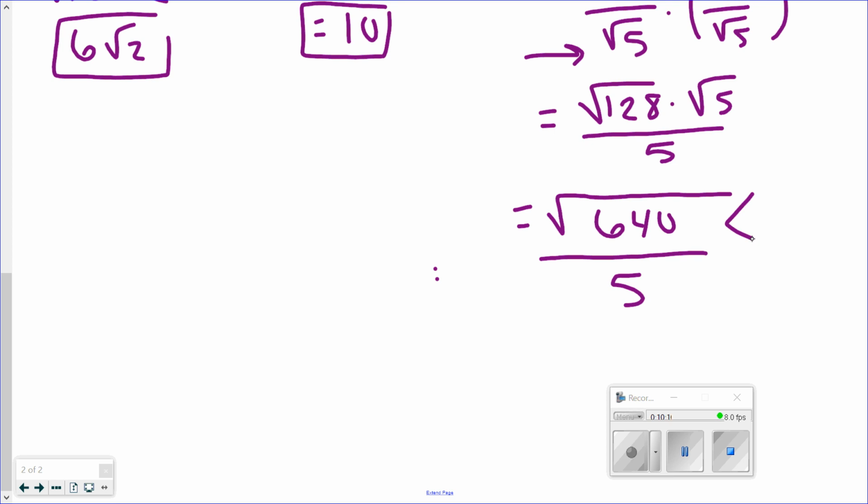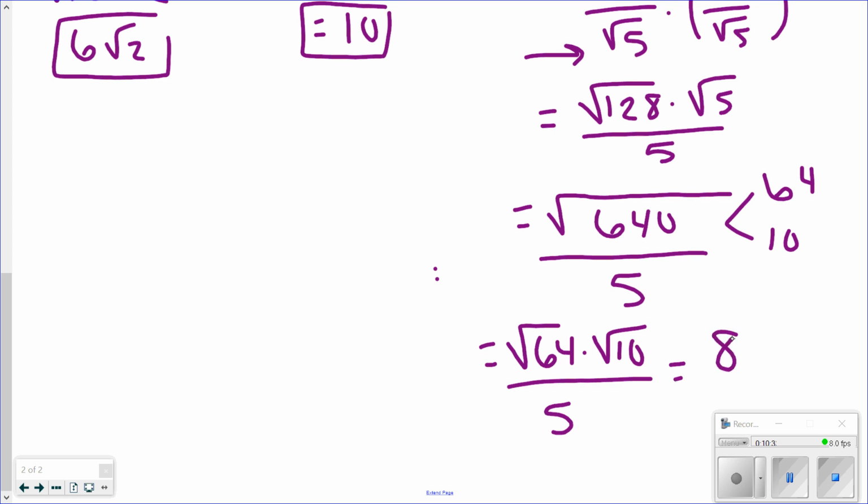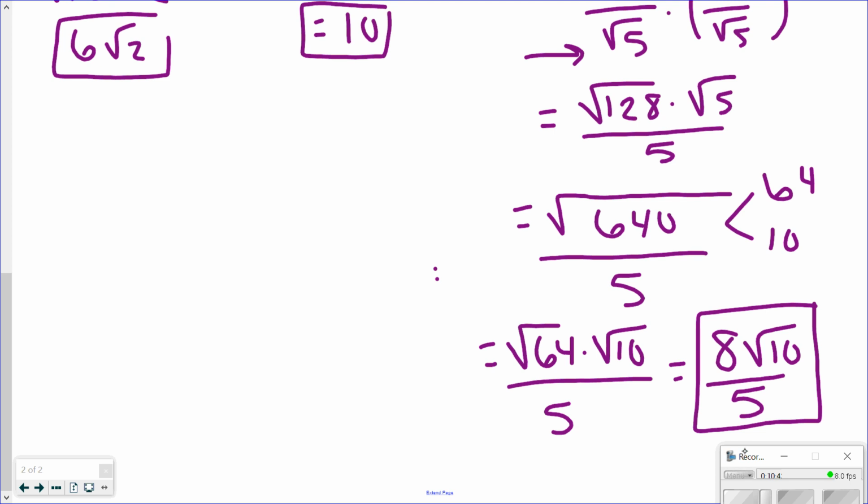So the largest perfect square number that's a factor of 640 is 64. And we know that's 64 times 10. So if I rewrite this, this is going to equal the square root of 64 times the square root of 10 divided by 5. Well, the square root of 64 is really 8. 8 square root of 10 divided by 5. And that is my final answer, if you can see that.